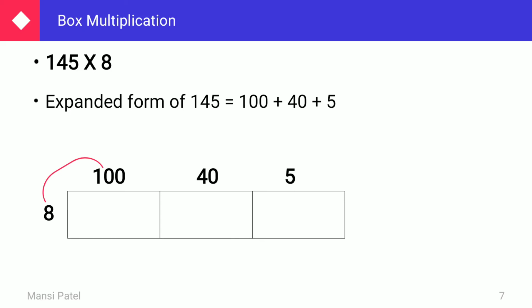So 100 multiplied by 8 is 800. Now in this box we have to do the multiplication of 40 multiplied by 8.